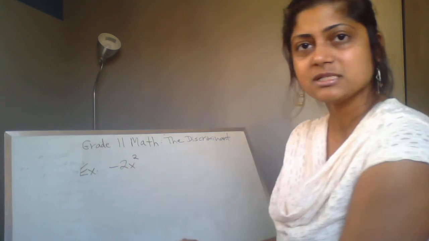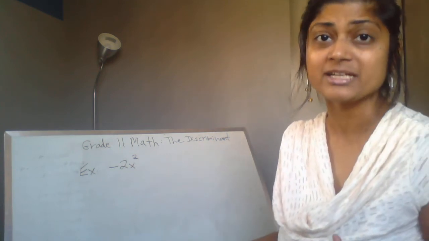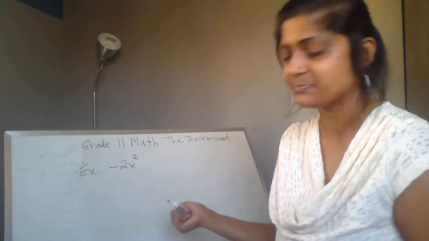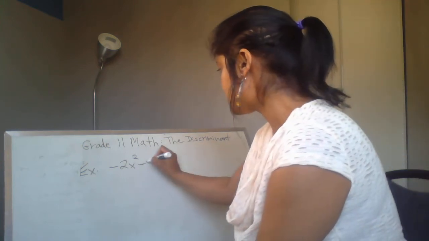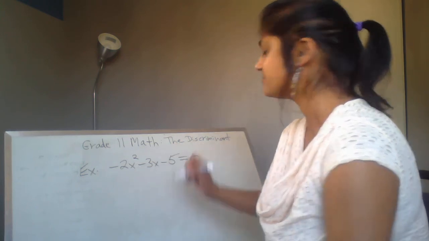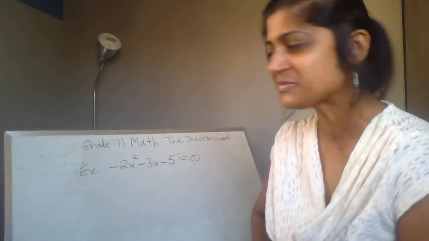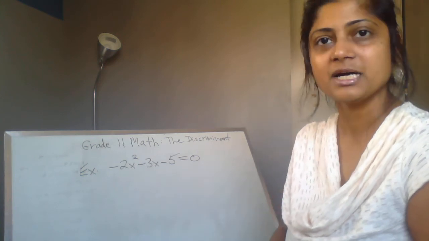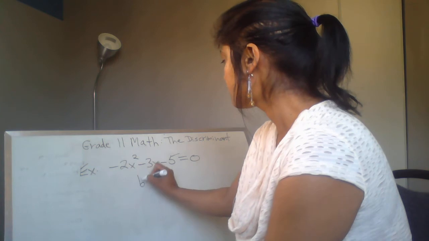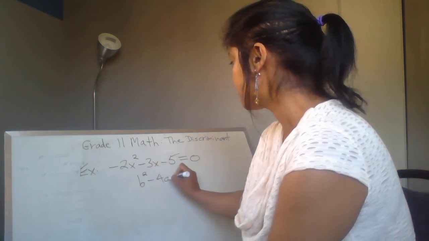So again, I'm using the discriminant only for quadratic equations, okay, to find here how many solutions there are going to be. Okay, so let's try negative 2x squared minus 3x minus 5, which is equal to 0. So this is basically my quadratic equation. What I'm going to do now is plug it into the discriminant, okay?